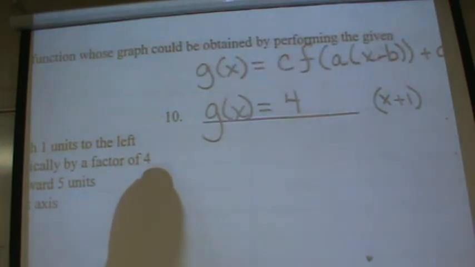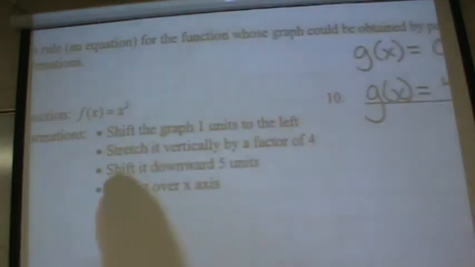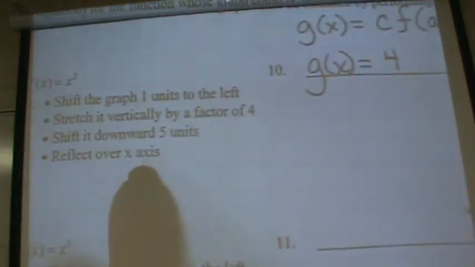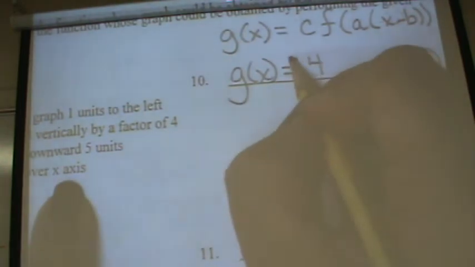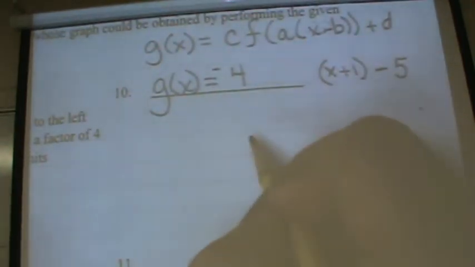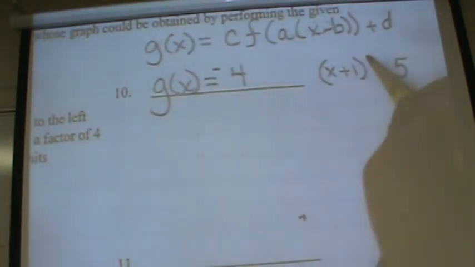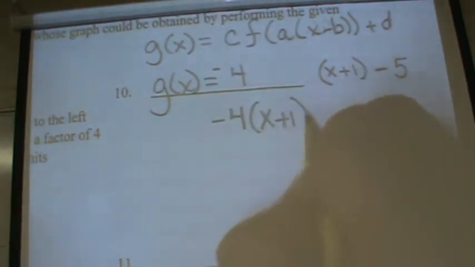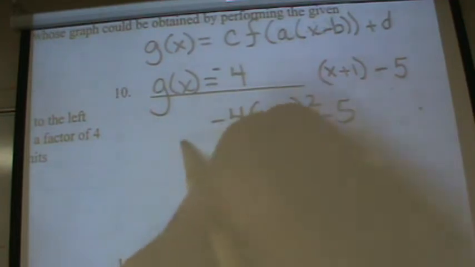Outside. Shift it down 5 units. And reflect over the x-axis. So what's your answer? Let's make it better. -4 times (x plus 1) squared minus 5.